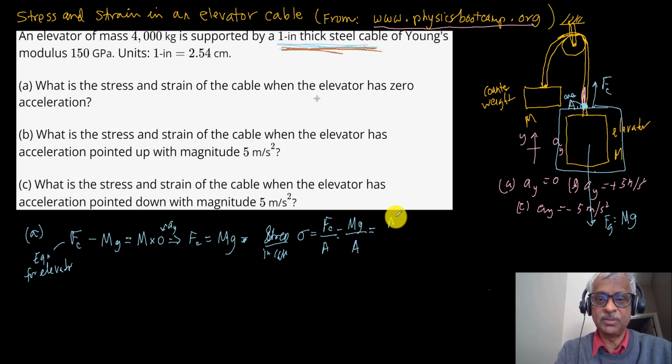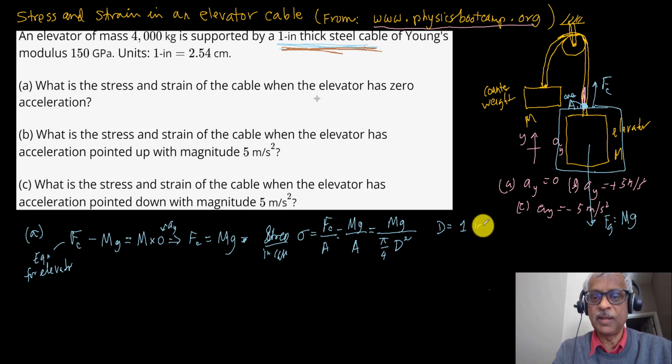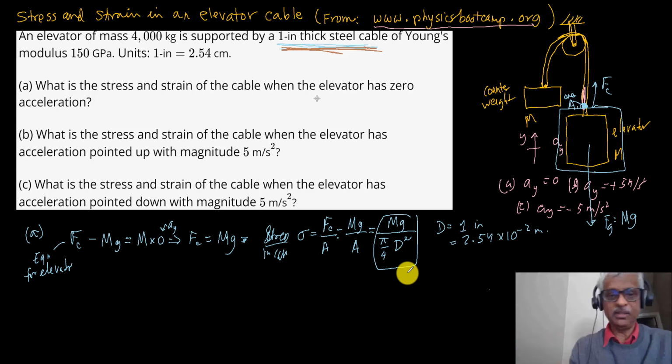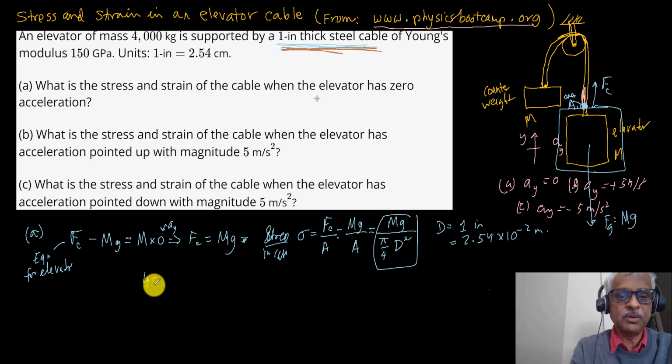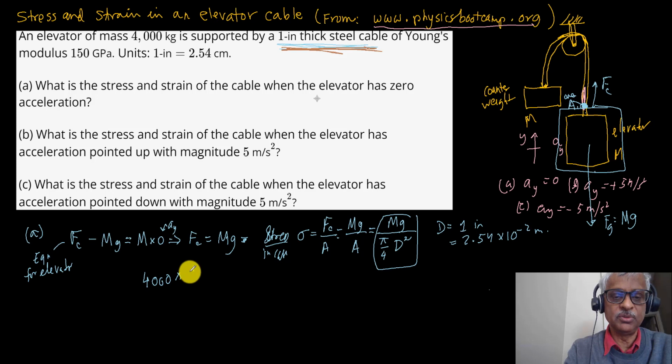So mg over the area, which is pi over 4 times the diameter squared, and it's given in inches, so I need to convert that into meters. The diameter will be 1 inch, which is 2.54 times 10 to the power minus 2 meters. Now let's put in numbers: 4,000 kilograms for m, and g I'll just take as 9.8 meters per second squared.